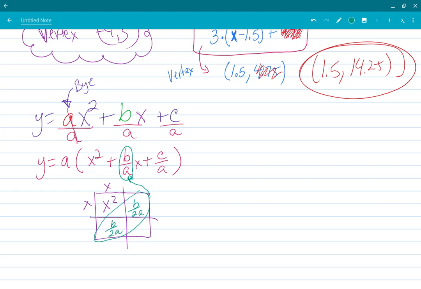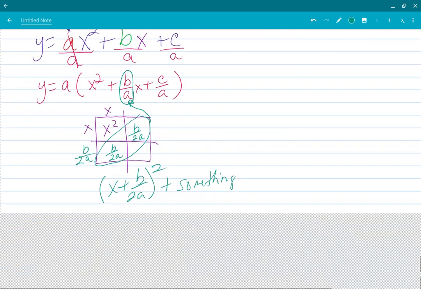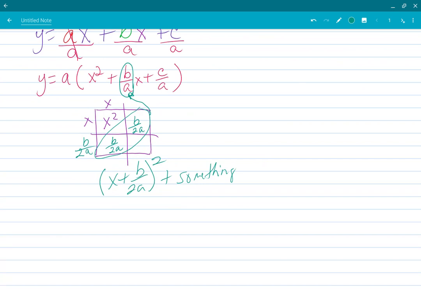Half. So we do know the twins. The twins are x plus b over 2a, squared, then plus something. We don't have to worry about this piece right now.